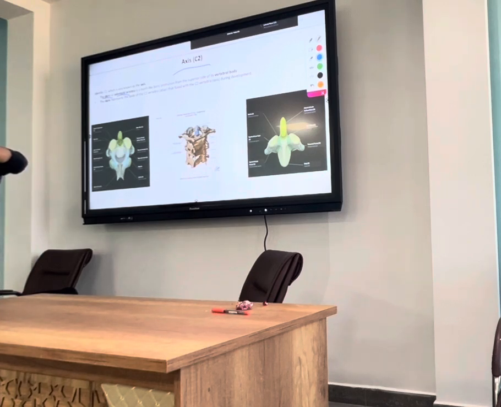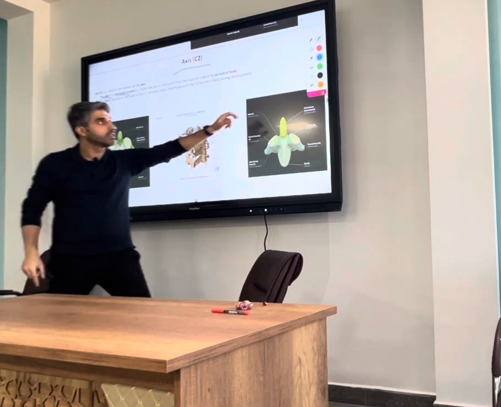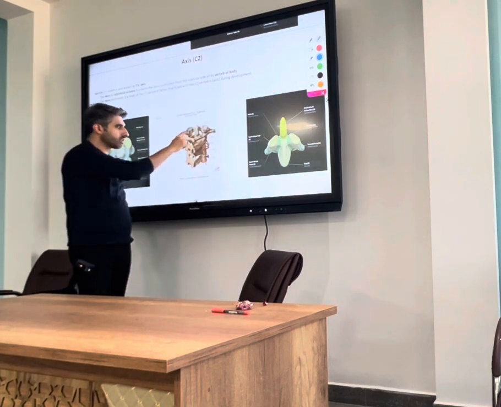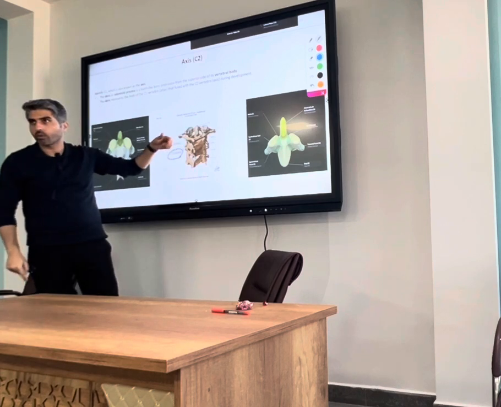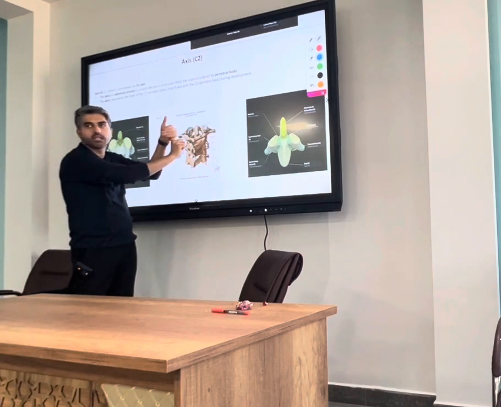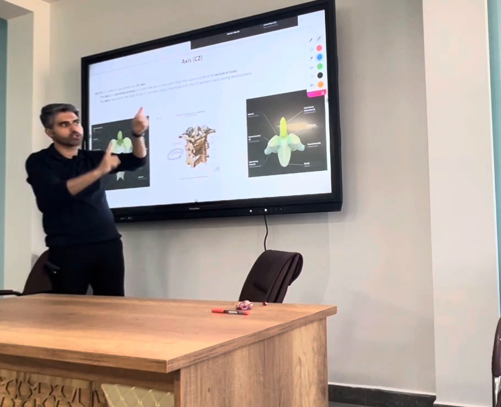C1 has no body, and body attaches to body with cartilage. So how does C2 attach to that? By this process. This process attaches to the inside of the anterior arch. Look at the picture. The dens or odontoid process attaches to the inside of the anterior arch.